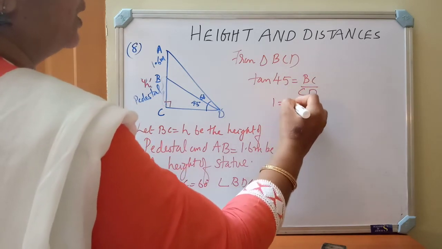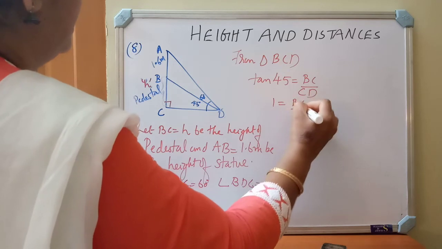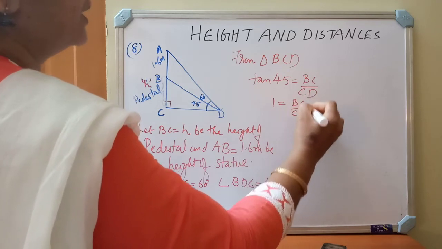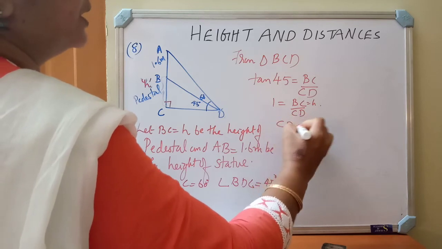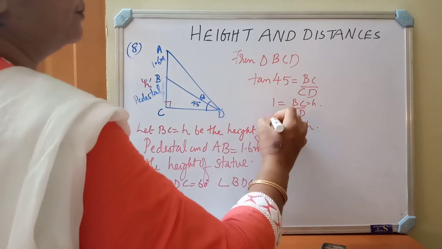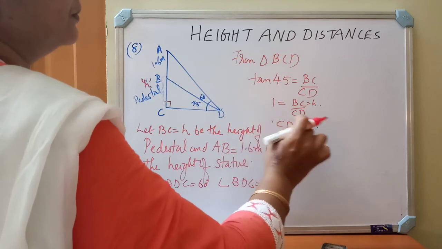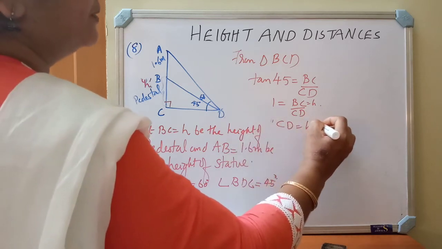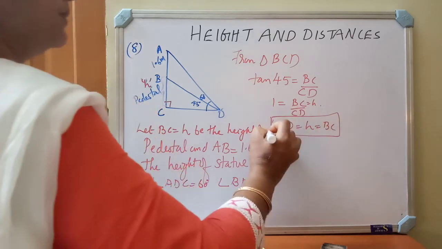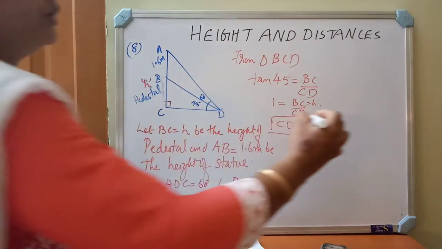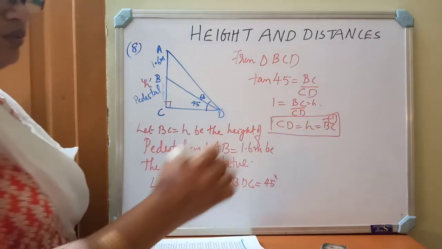Tan 45 is 1, equal to BC by CD. BC value is H, so we will get CD is equal to H. Both values are the same, H meter. This you put as equation number 1.